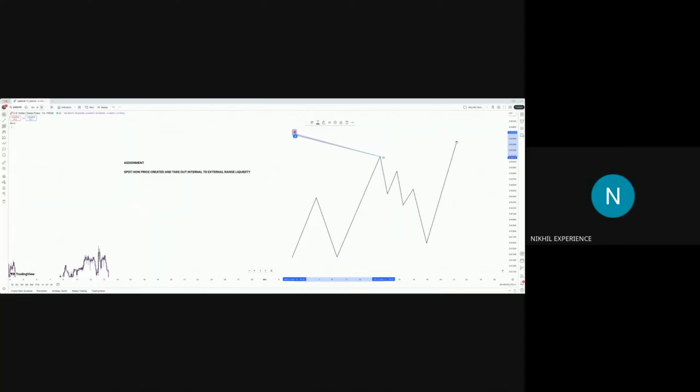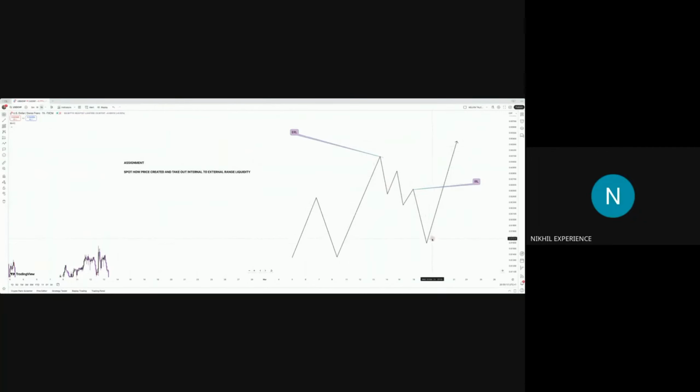We shorten it to ERL, external range liquidity, and you spot internal range, IRL. So internal range liquidity, external range liquidity.